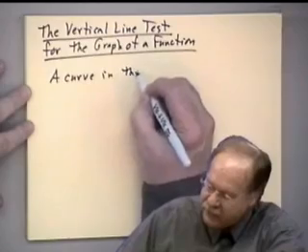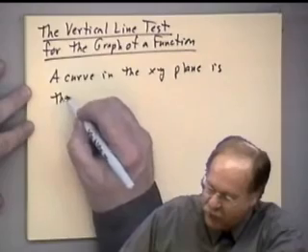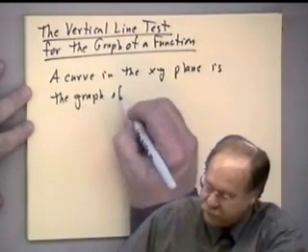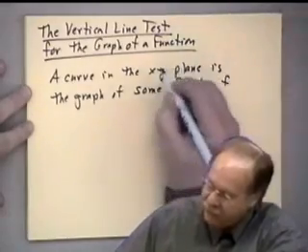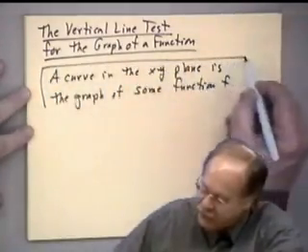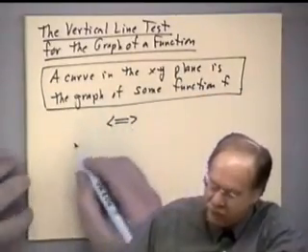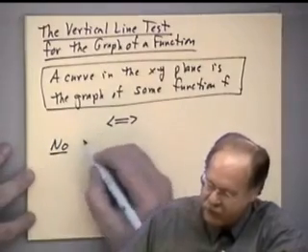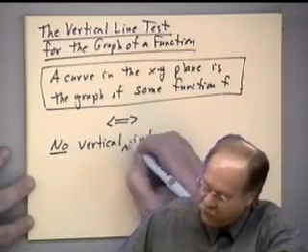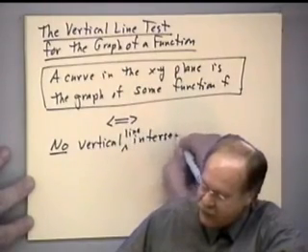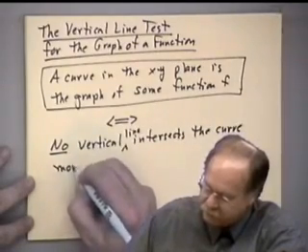A curve in the xy plane is the graph of a function, of some function, say we'll call it f, that is true if and only if, we use a double arrow here, I'll come back and mark that in a second, if and only if no vertical line intersects, no vertical line, that is, intersects the curve more than once.